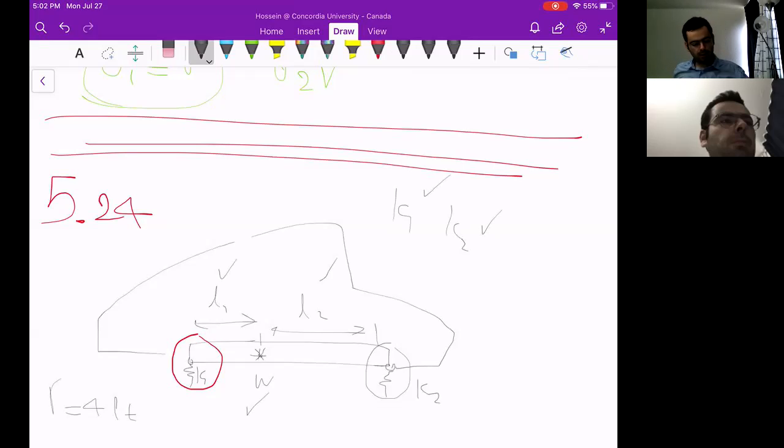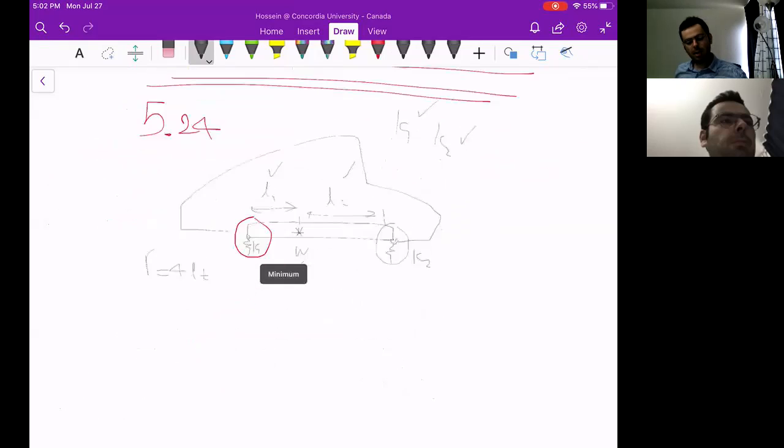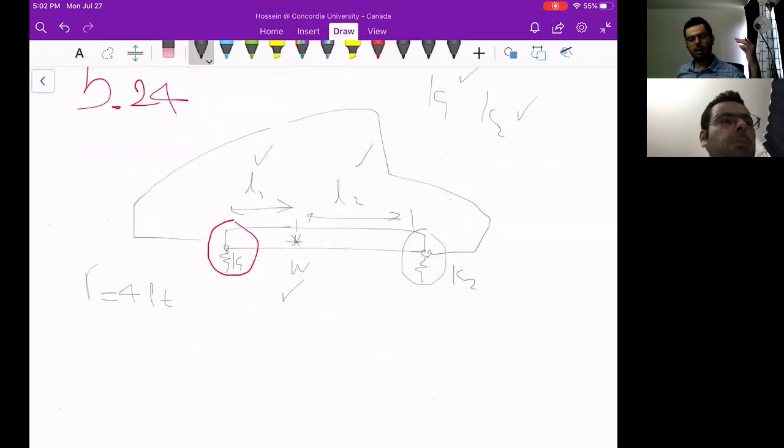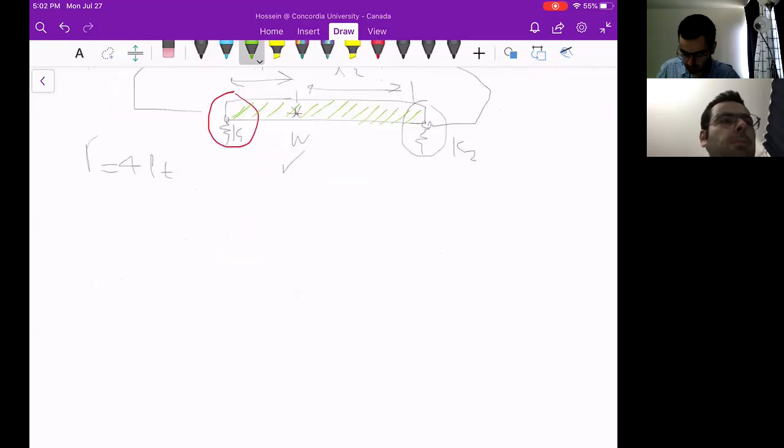So for finding the normal modes, we have to derive the equation of motion and solve for the natural frequency, and then at the end we can easily obtain the normal modes. So this is the system we are trying to solve. I can further simplify: there is a chassis, and we could show it by a bar like this, with the center of gravity.